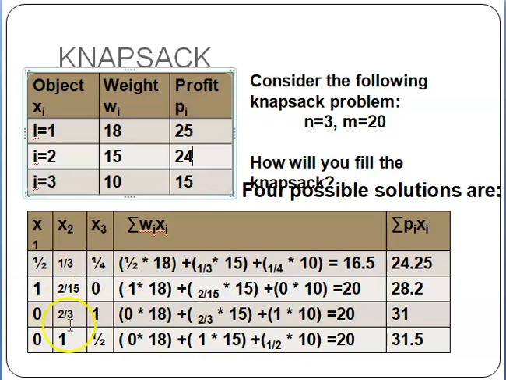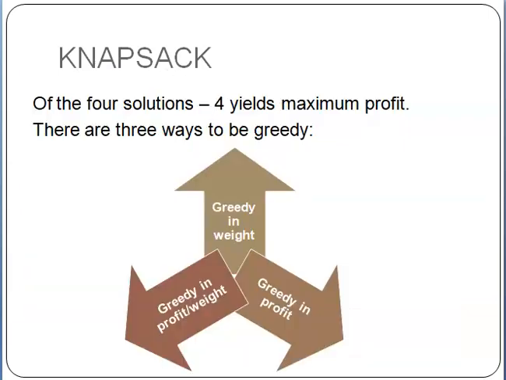Here we have arbitrarily made some selections, taking half of one item, 1/3 of another, or 1/4 of another, multiplying with the weights and calculating the profit. But there is no particular algorithm being followed, and for computers it is necessary to be systematic. So let us look at three ways in which we can yield the maximum profit.